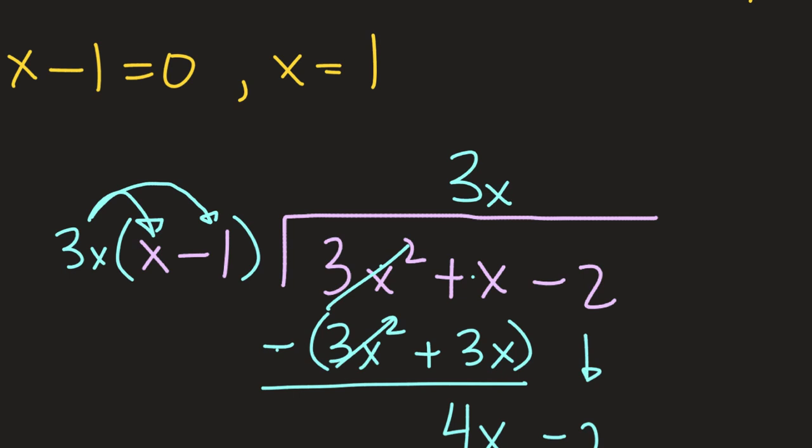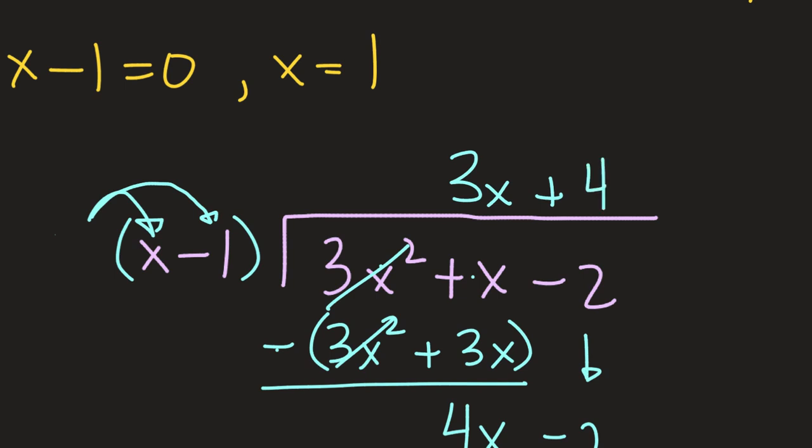Okay, so then my question once again becomes, what do I have to multiply x by in order to get 4x? I'm multiplying the x on the outside in order to get 4x. I have to multiply by 4. So because it's a positive 4, I put a plus 4 up there.